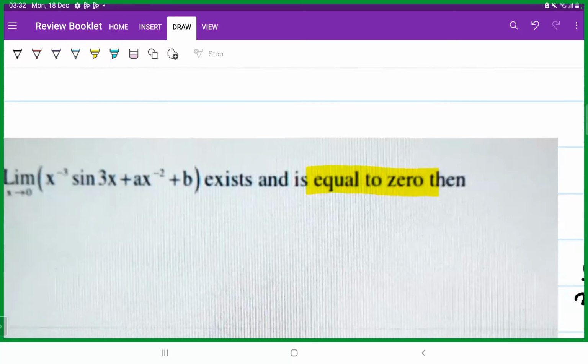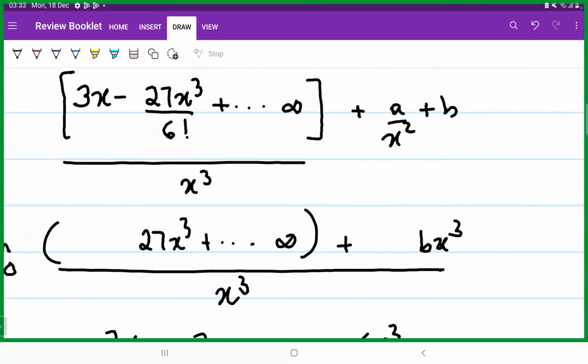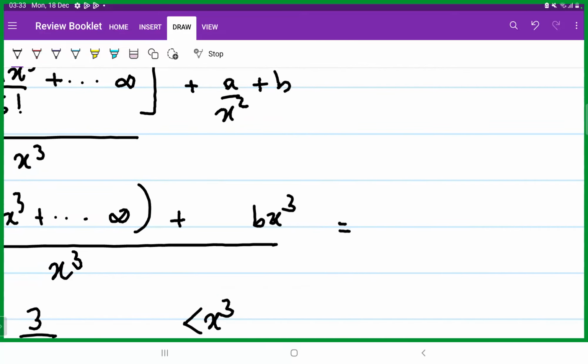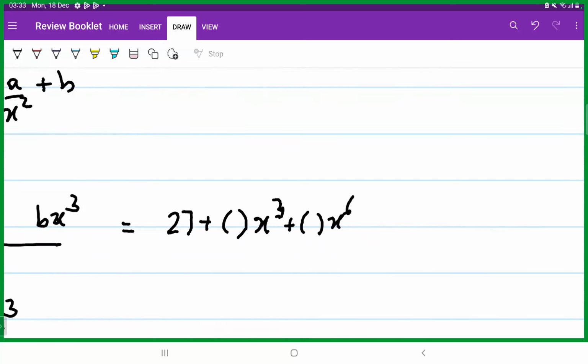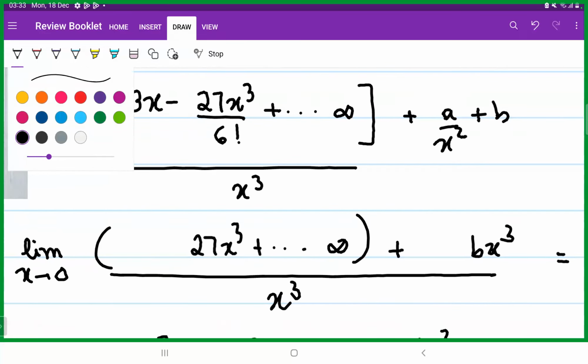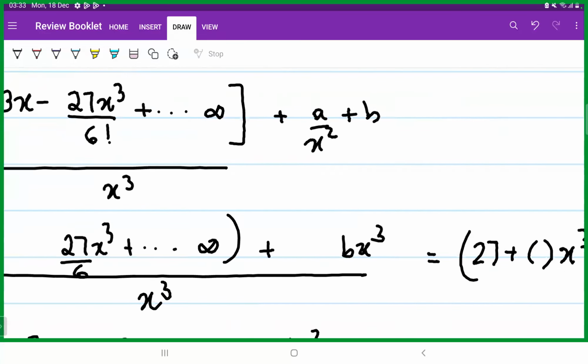So when I divide all the terms with x cube, this will basically be 27 plus something into x cube, and then something into x to the power 6. This series will continue till infinity. And over here we will have b. I'm sorry, not 27, it should be 27 by 6 over here.